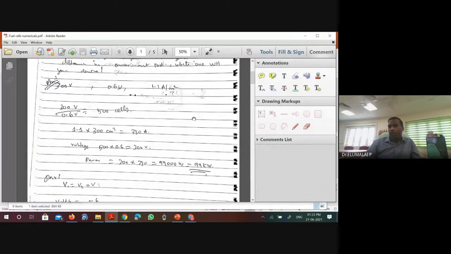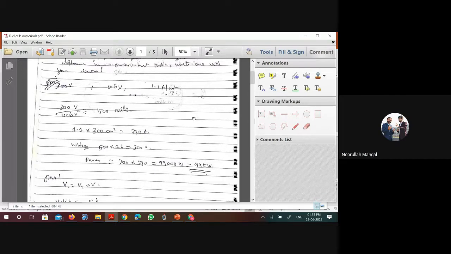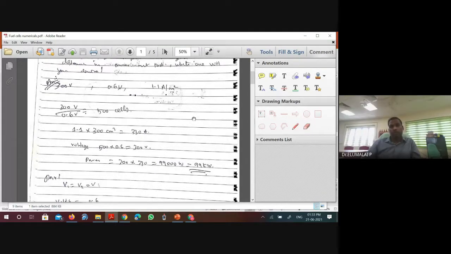So how many cells do you require in series? 500 cells, straightforward. The question only looks very big, but it is nothing, in fact. You should get 300 volts, and each fuel cell gives 0.6 volts, so obviously you need 500 fuel cells connected in series.